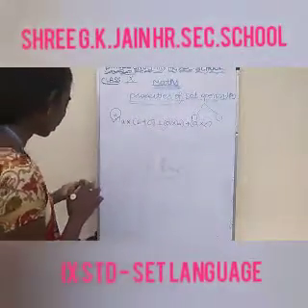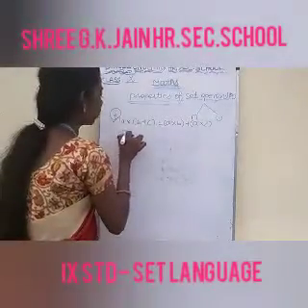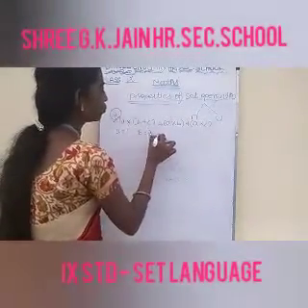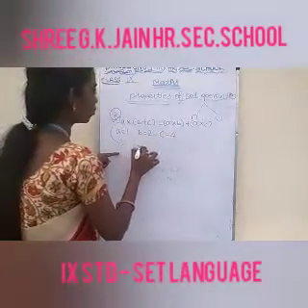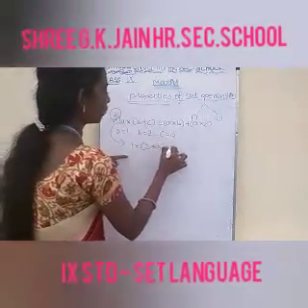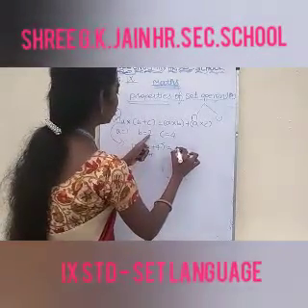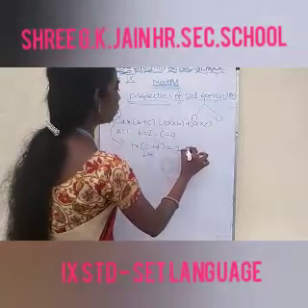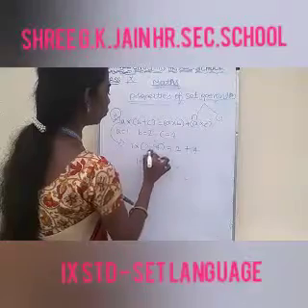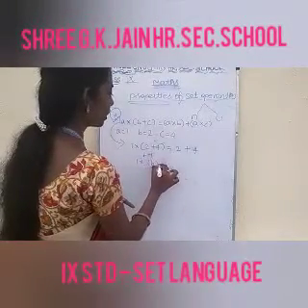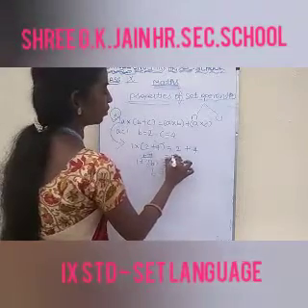Now suppose, for example, A is equal to 1, B is equal to 2, C is equal to 4. Substituting, we get A into (B plus C), 1 into (2 plus 4), this is your LHS. And RHS will be A into B, which means 1 into 2, plus A into C, which will be 1 into 4. So 1 into 6 is 6, and 2 plus 4 is 6. 6 equal to 6, which means LHS equal to RHS.